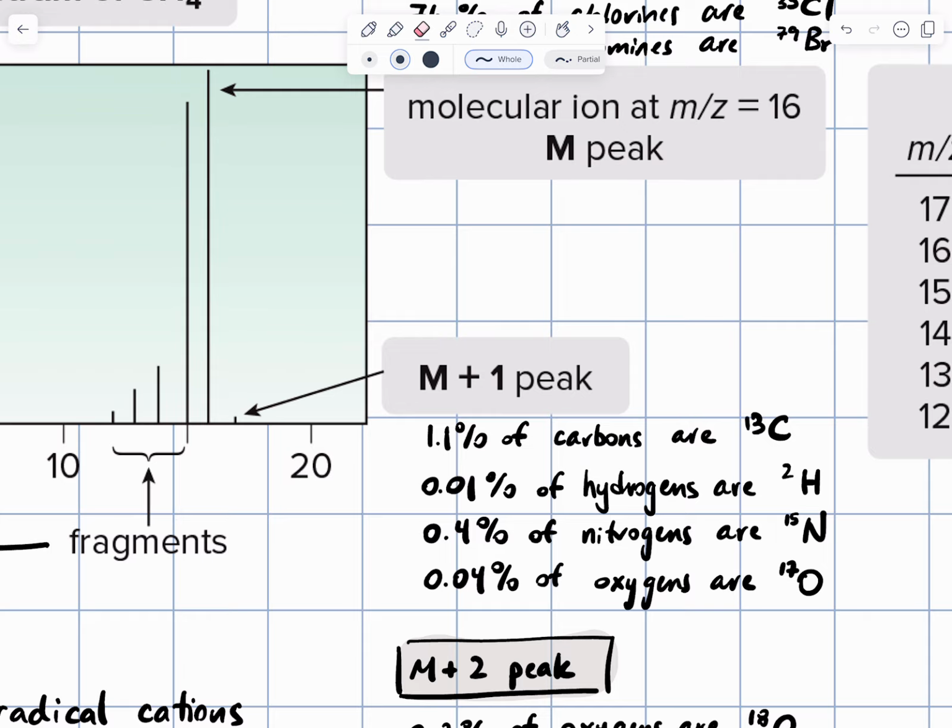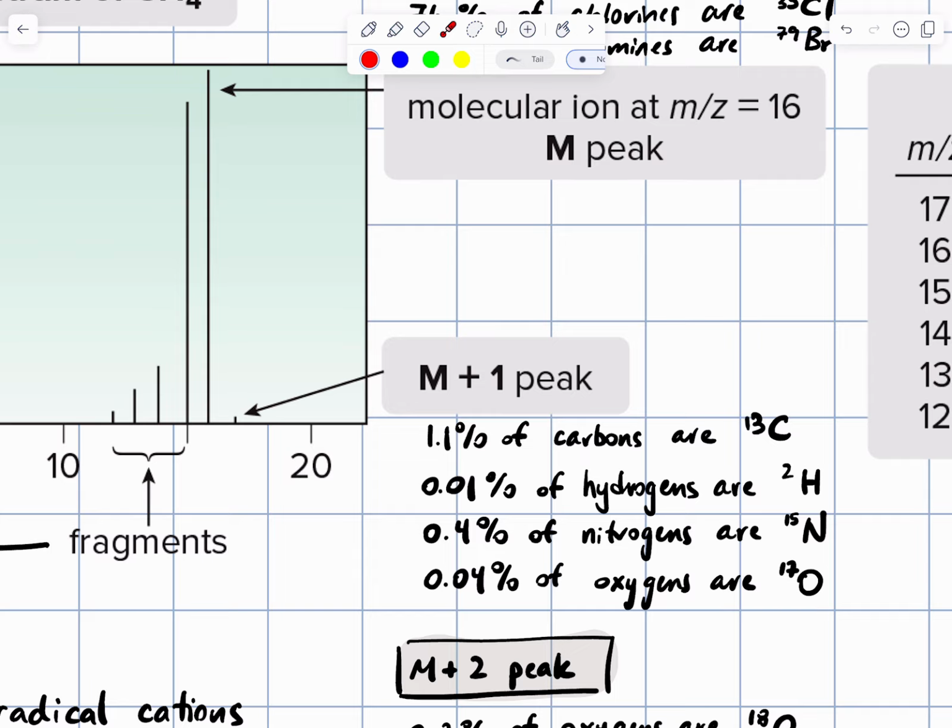Now in methane, that peak is going to be small because there are only 5 atoms in methane, so there aren't that many ways to have an additional neutron. As your molecule gets bigger and more complicated, there end up being a lot of ways to have 1 or 2 or 3 or 4 extra neutrons. And so with larger molecules, these multiple neutron peaks start to become bigger relative to the molecular ion peak.